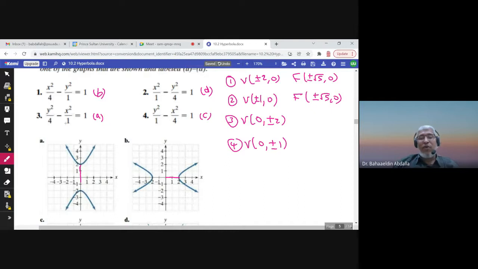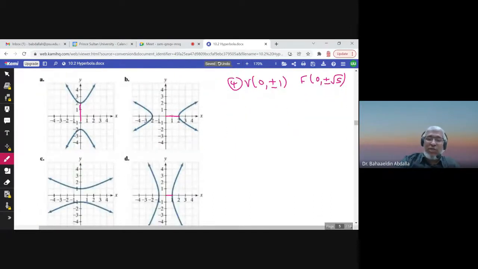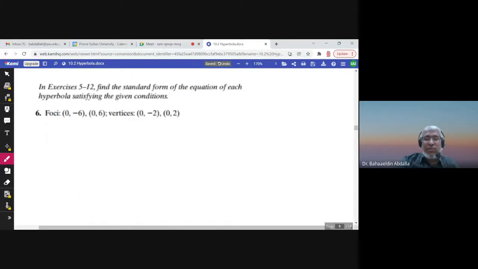For the foci, 4 plus 1 is 5, and 4 plus 1 is 5. And both are vertical, so the foci lie on the y-axis. So the coordinates are 0, plus or minus square root of 5. I hope you understand the subject.